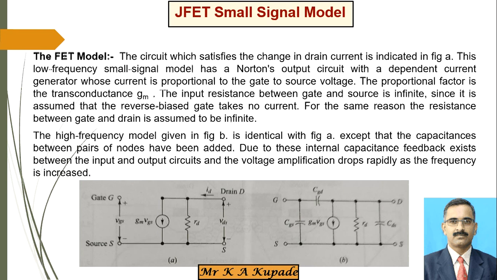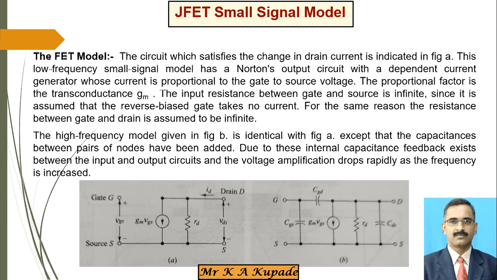Due to these capacitances, feedback exists between the input and output circuits, and due to that the voltage amplification drops rapidly as the frequency increases. Remember this: in figure A, the infinite resistance is considered, and in figure B, the internal capacitors are considered.